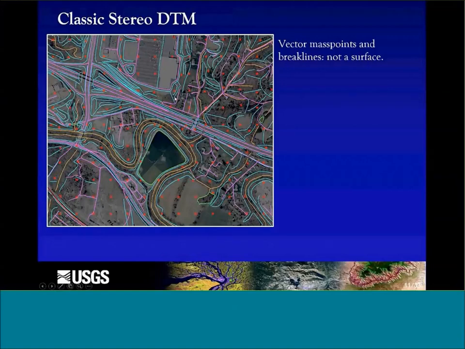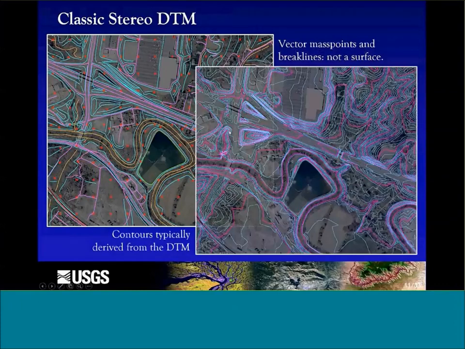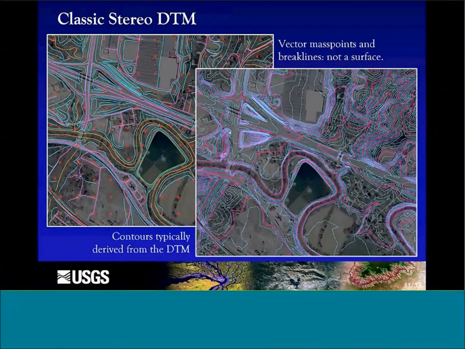And what we should note is that we have mass points, which are all the little stars, and we have the break lines, but this is not a surface. You know, if you dropped something on this, it would fall all the way to the ground. It's not going to bounce off of any of these lines because it's not continuous. They're just discrete lines. And typically, these are the contours or the product that are generally derived from that.